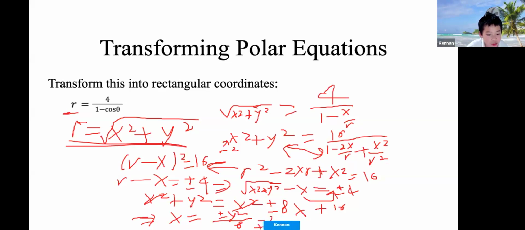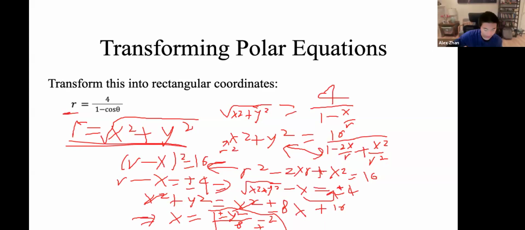All right, so basically we get a parabola here. Okay, yeah, so we do indeed get this equation.